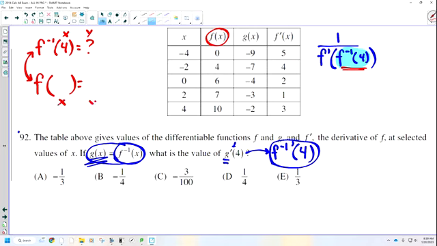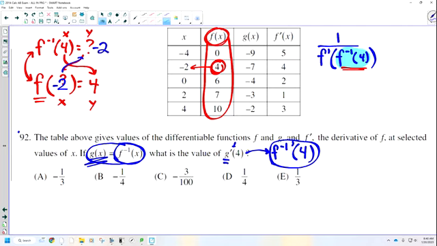So if I look at my original f, where's my output of 4? Right here. What x value makes that happen? -2. So if -2 is here and they switch, guess what? -2 is here. That's the hardest part of this problem. So my inverse of 4 is actually -2.